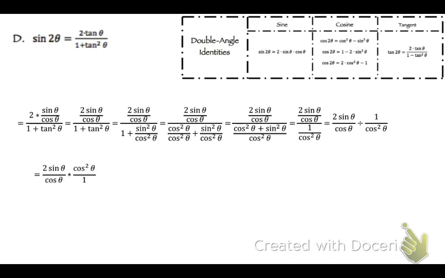If you divide by a fraction, you can flip that fraction and multiply. So that's 2 sine of theta over cosine theta times cosine squared of theta over 1. That cosine theta will cancel with 1 on top. So you're left with 2 sine of theta cosine of theta, which is sine of 2 theta, which is what we wanted. So we're good.